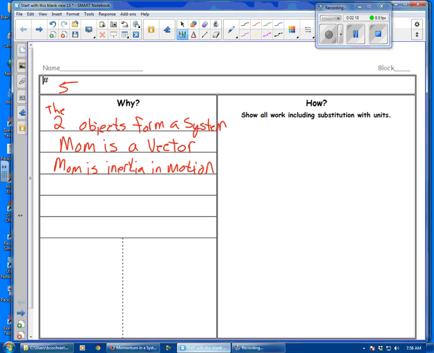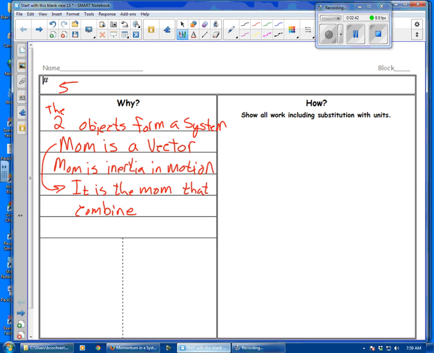And this one probably would also lead me to think that it is the momentums that combine.